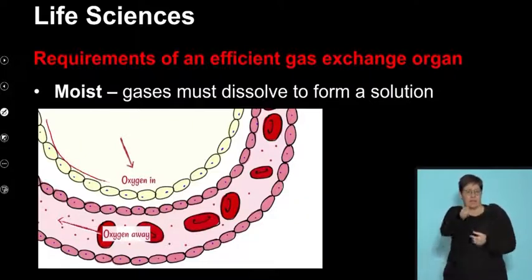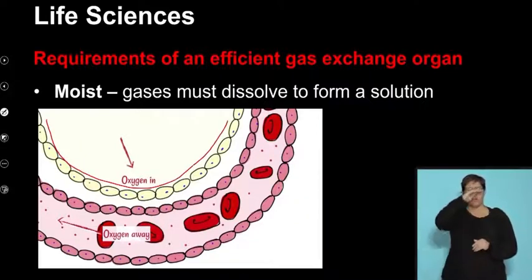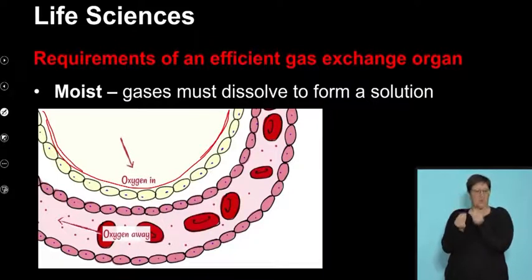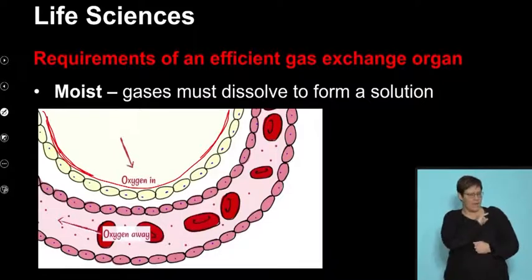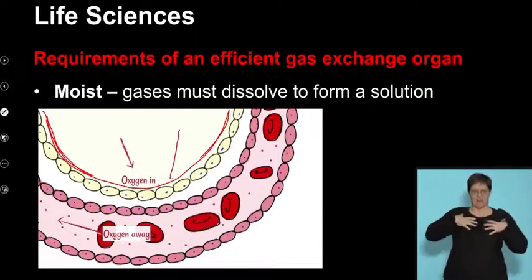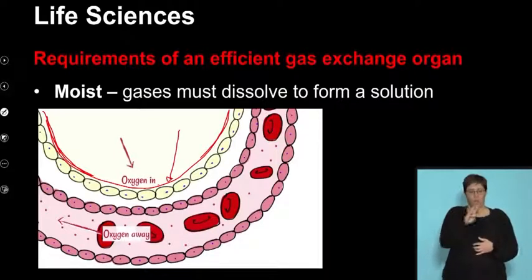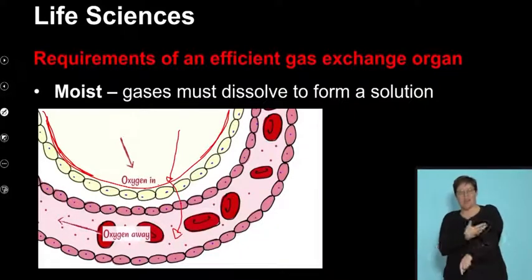Guys, have you ever gone to a window and breathed out onto it? It's nice and moist. The reason is lots of water, like water vapor in your lungs. Because oxygen must dissolve into the water to form a solution, and then it pops into the blood. And what is the blood?